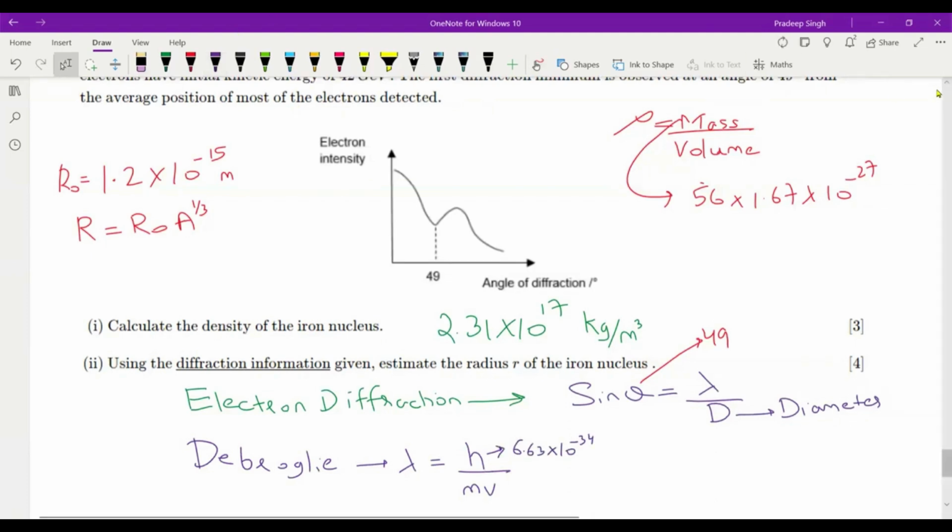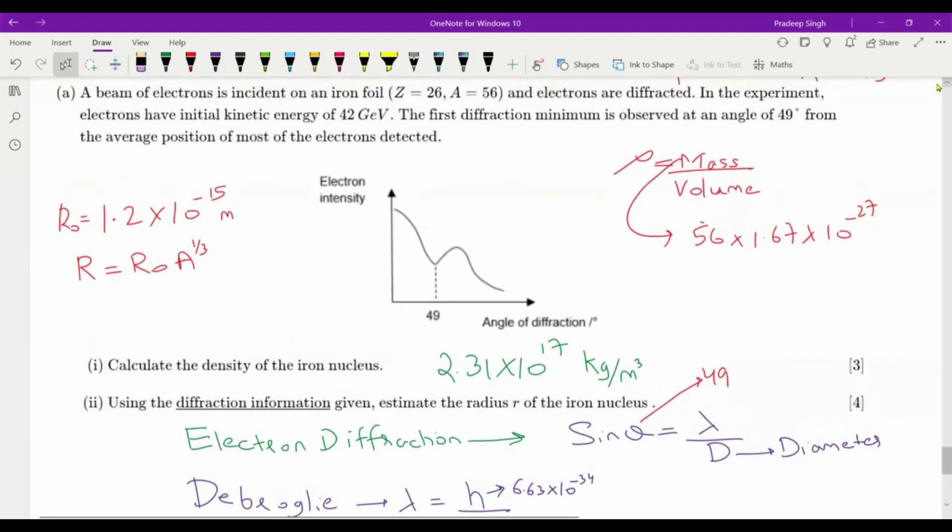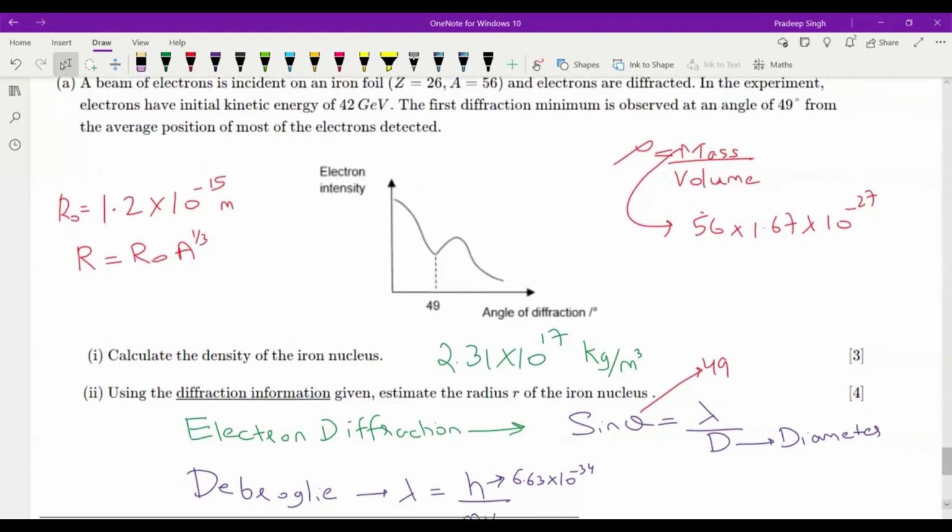So from this formula and use some sort of information from the data. Lambda is h upon mv. Speed, of course, is not given.